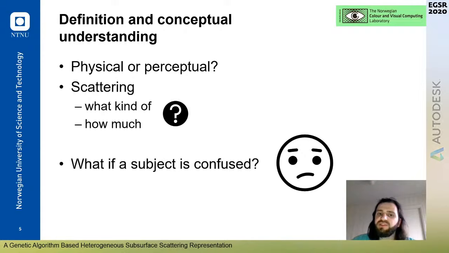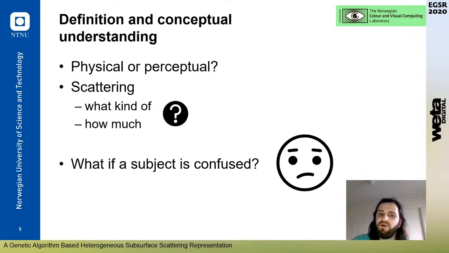Or do we talk about perceptual translucency, people perceiving a material to be translucent, perceiving it to possess some translucency? And even if we highlight that translucency is scattering of the light, what kind of scattering do we mean? Is it volume scattering or surface scattering?